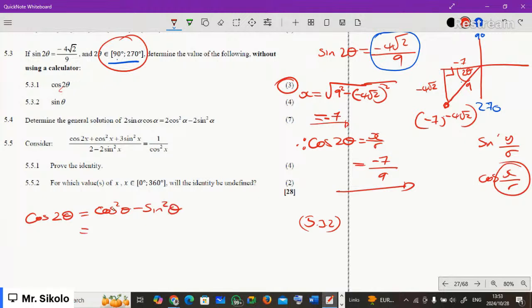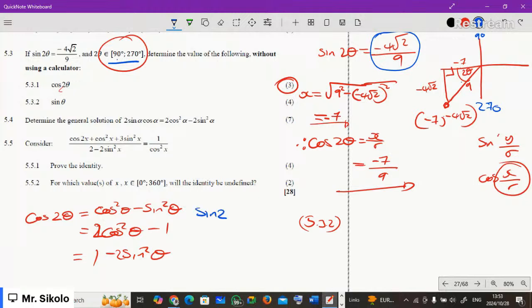The second one is, I think, 2 cos squared theta minus 1. Then the last one will be 1 minus 2 sine squared theta. Now there is another one for cos and for sine.